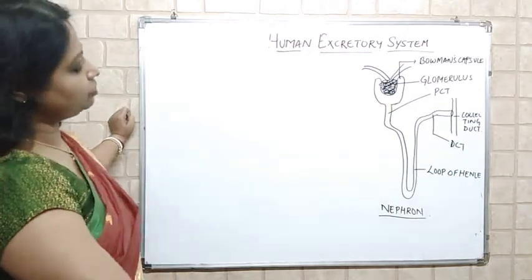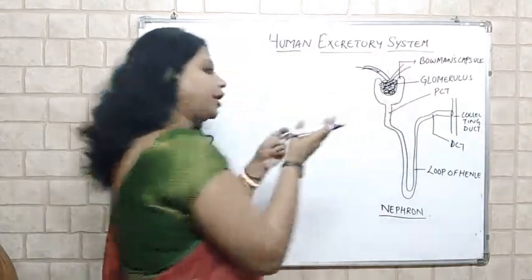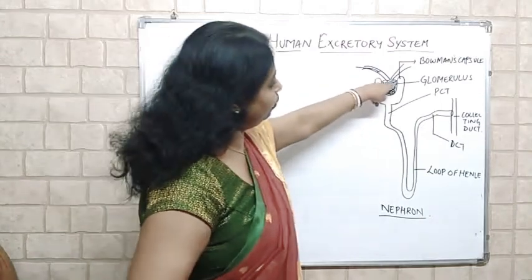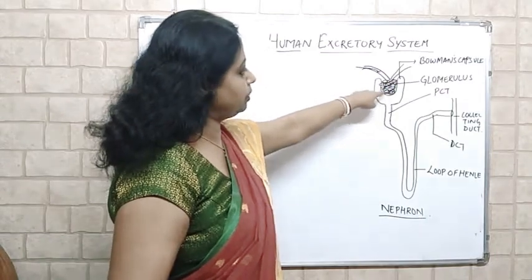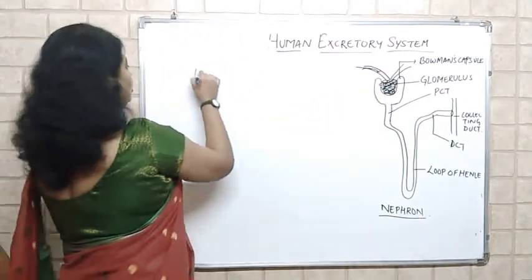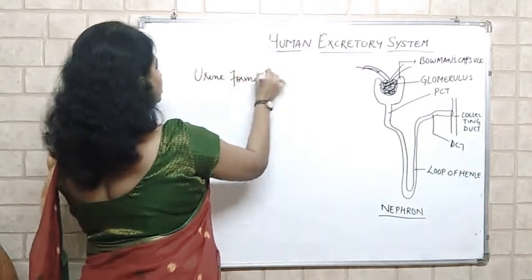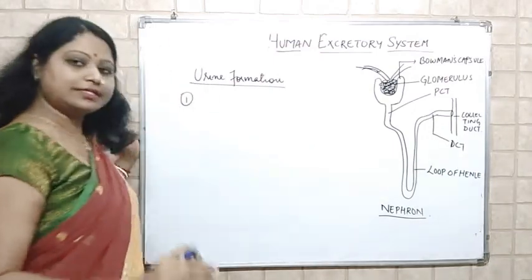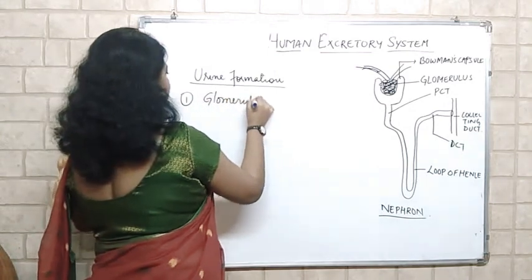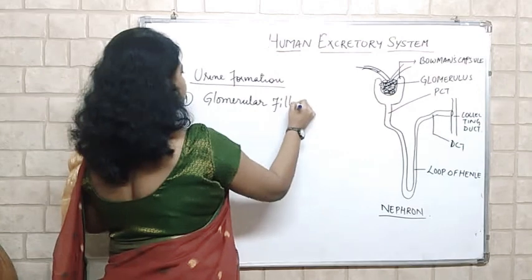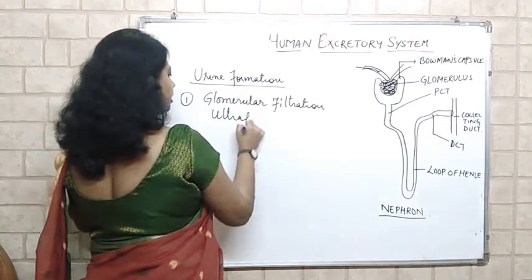Arteries bring the blood, which then divides into smaller arterioles, and that blood enters each nephron through the glomerulus. In urine formation, these are the steps. The first step is known as glomerular filtration, also known as ultrafiltration.